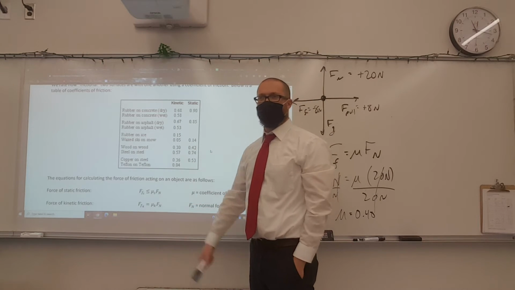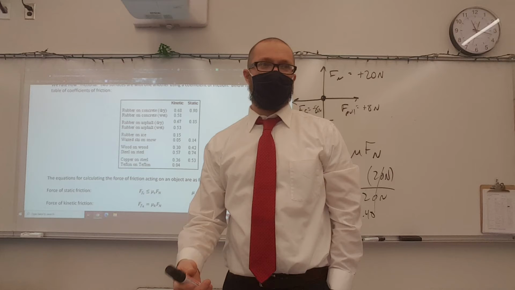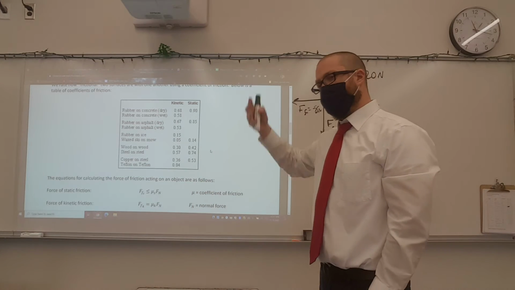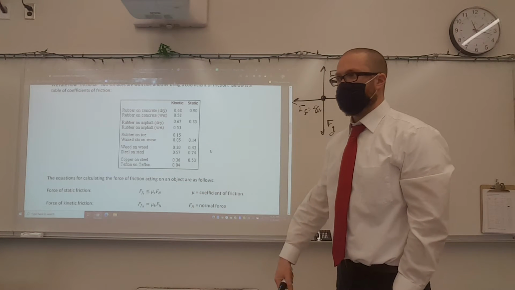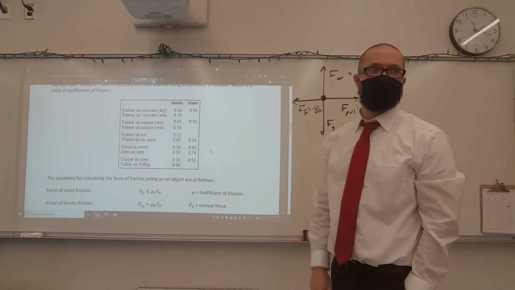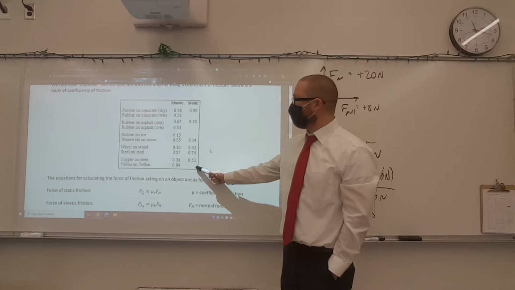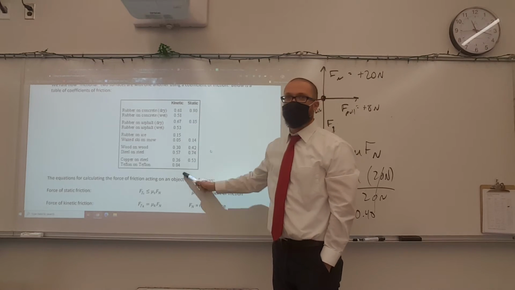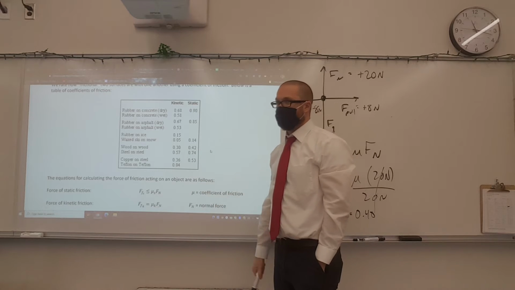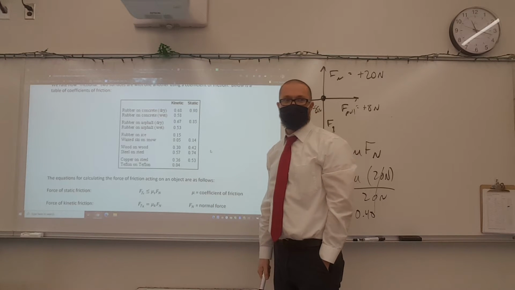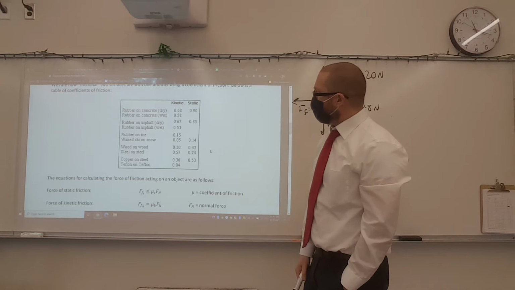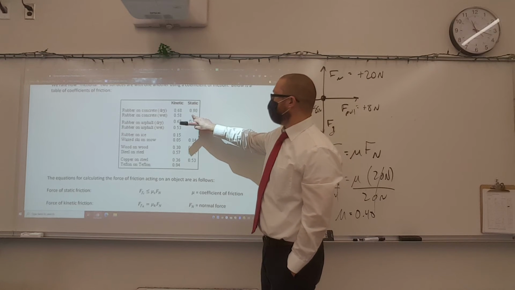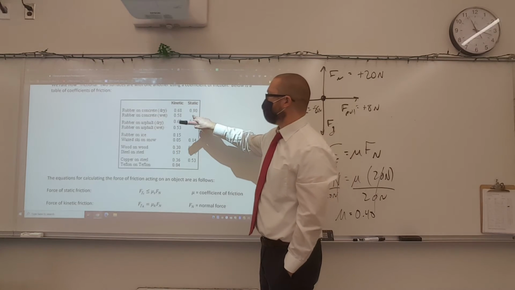This is one of the rare tables on the reference table. Most of the physics reference table is simply equations and lists of constants. This is one of the rare tables in the reference table that you can actually read and answer questions. There's really usually not many. And again, if there's nothing listed here, you just use the same value.